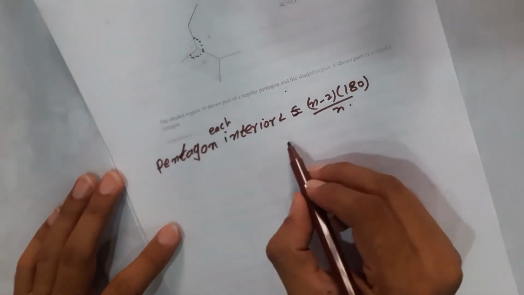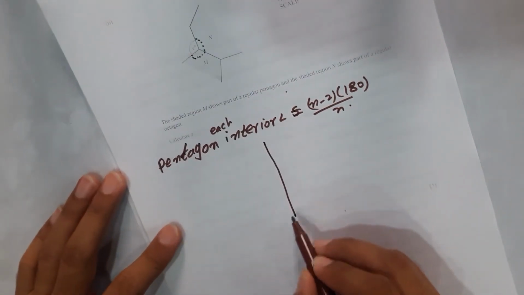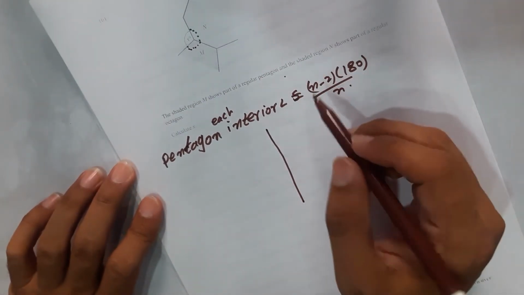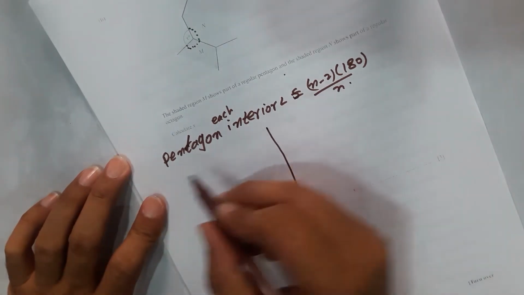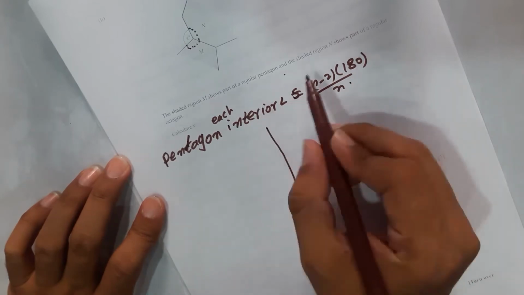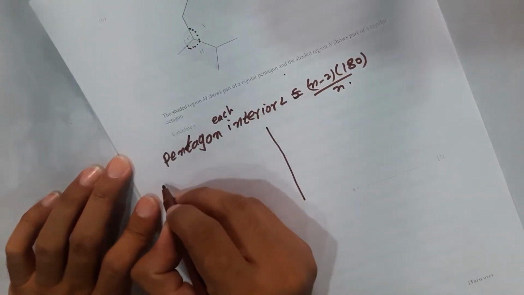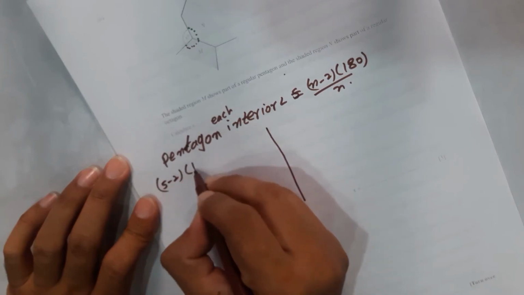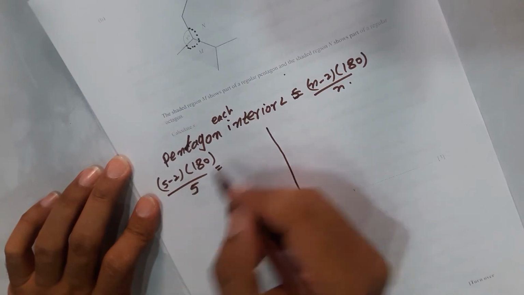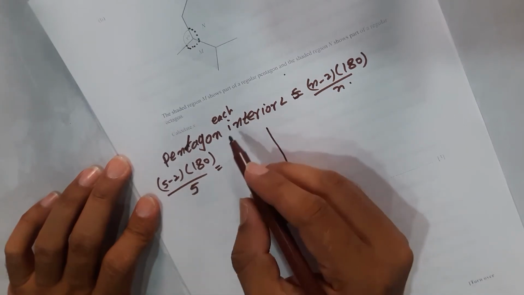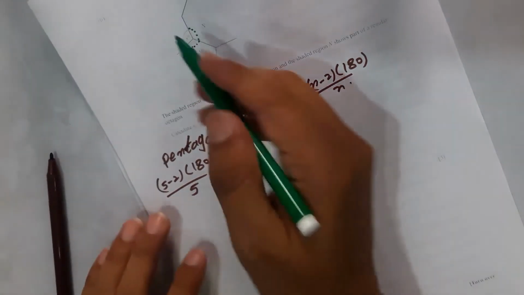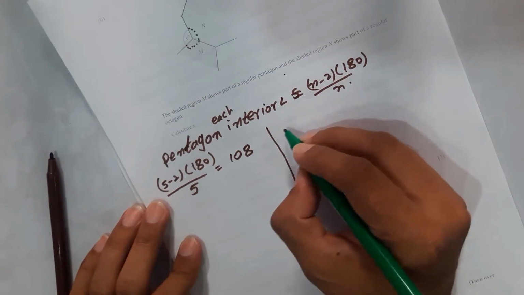Okay, we can divide it in two parts because we have to find each interior angle of the pentagon and octagon. The formula for pentagon and octagon is always the same. We will change the side. So the pentagon has 5 sides. So (5 minus 2) into 180 over 5. This will give me 5 minus 2, 3, into 180 over 5. This will become 108.